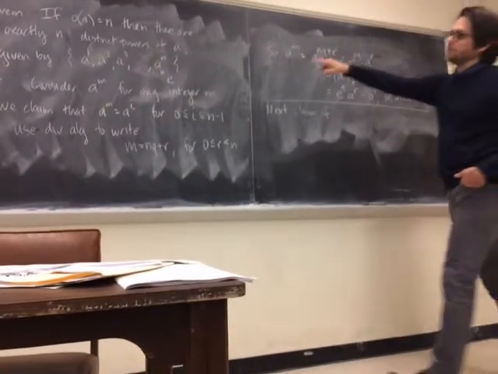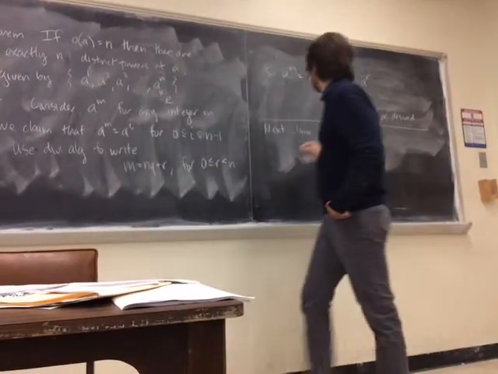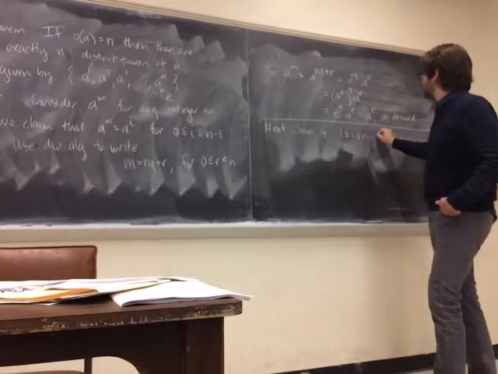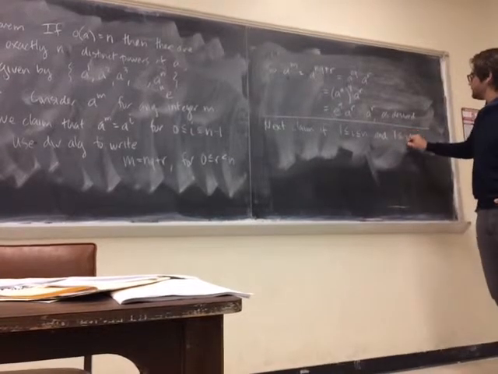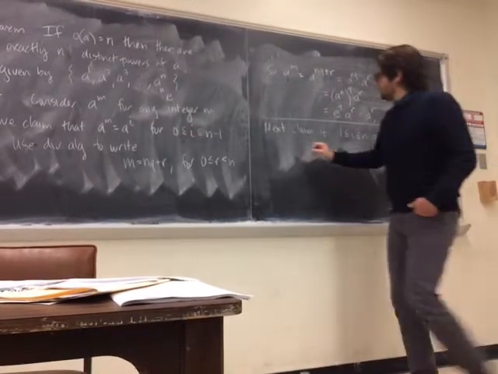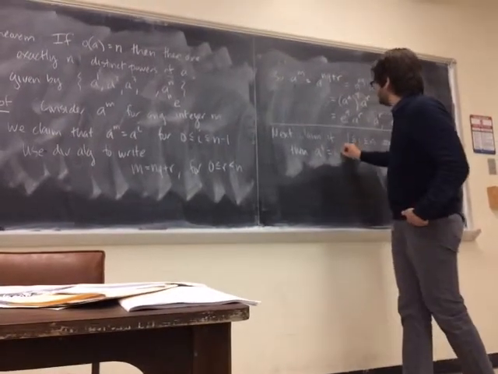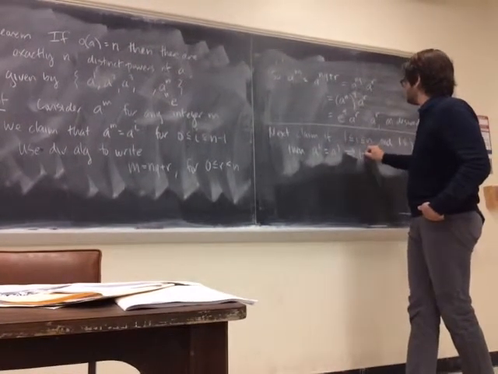So next I claim that if I take any two of these elements, they're not the same. So if, let's say, 1 is less than or equal to i less than n, and j likewise, then a to the i equals a to the j implies that i equals j.